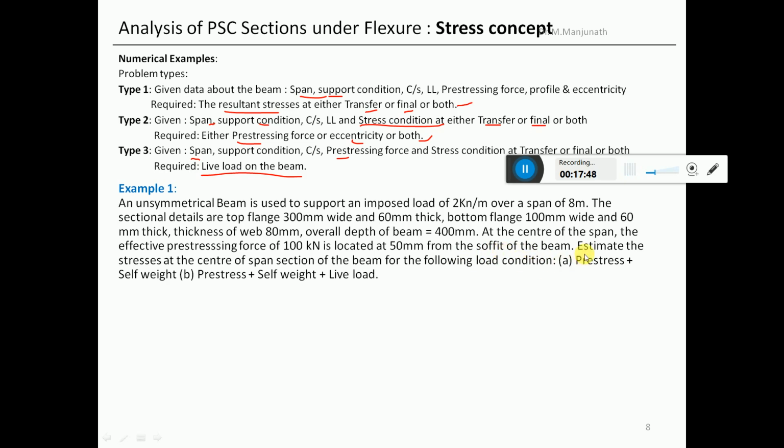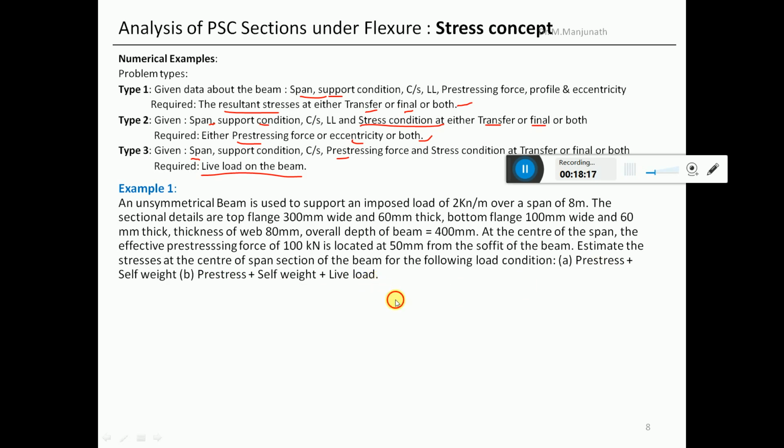And we are required to estimate the stresses at the mid-span of the beam for the following conditions, that is prestress plus self-weight and prestress plus self-weight plus live load. Now the first condition is what we call the transfer stage, and the second condition is what we call the final or working stage.